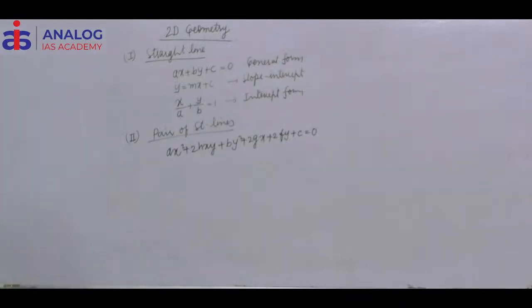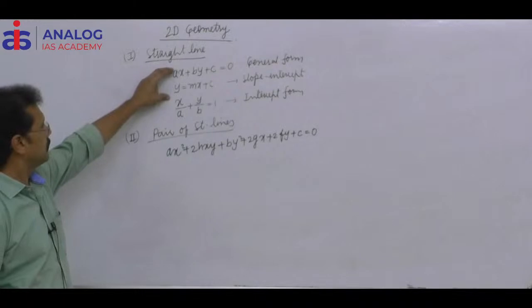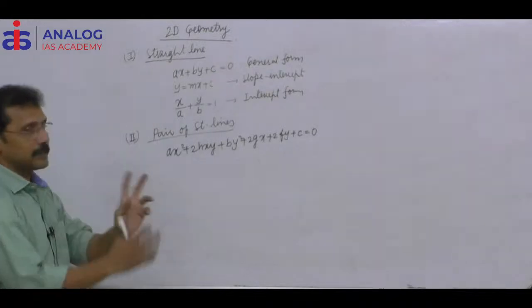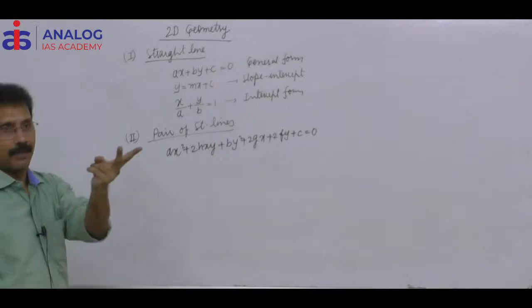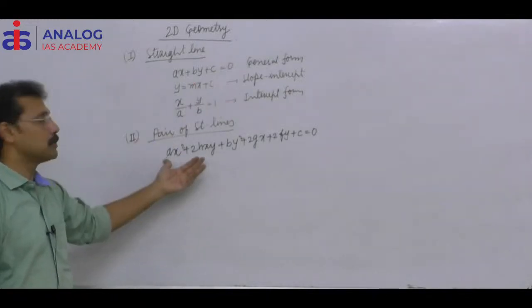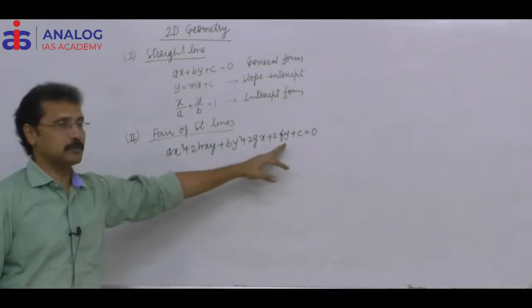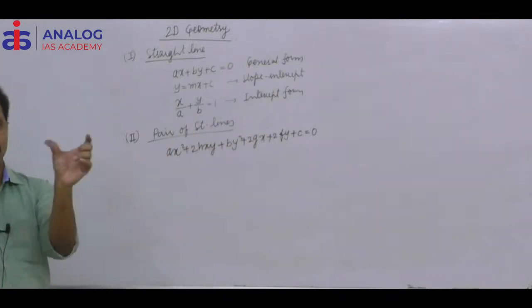Pair of straight lines means a straight line like this, another straight line like this, they multiplied together is a second degree equation. If that second degree equation looks in the form of this one, ax square plus 2hxy plus by square plus 2gx plus 2fy plus c equal to 0, those two are pair of straight lines.